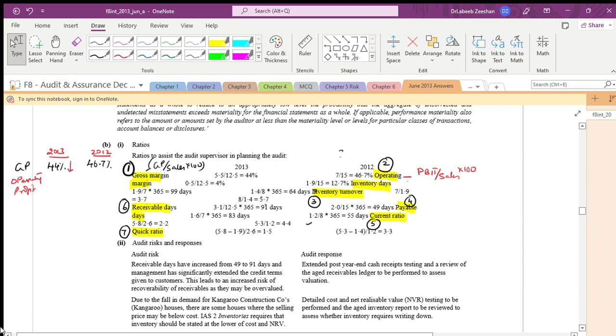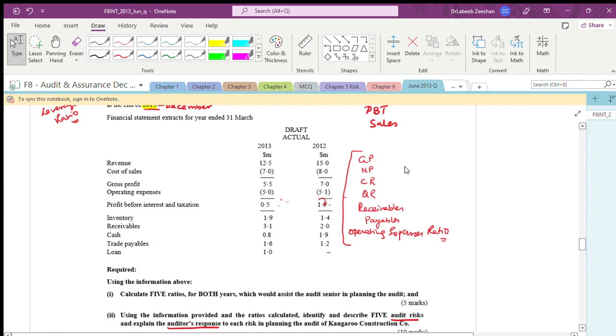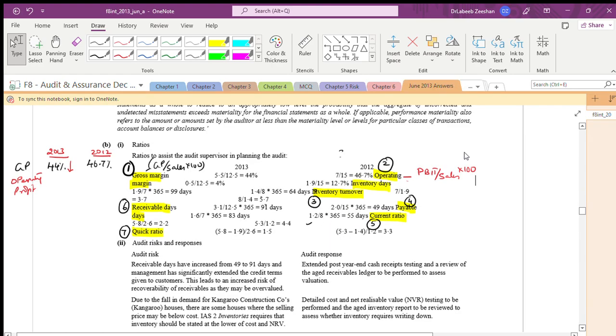Next, inventory days. Cost of sales divided by inventory into 365. Inventory turnover.